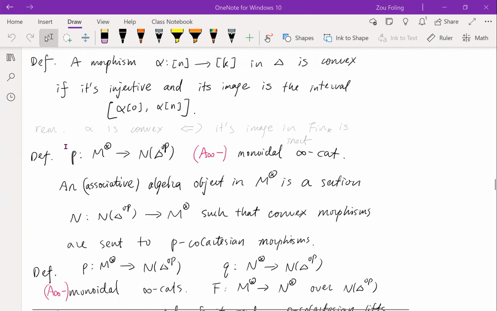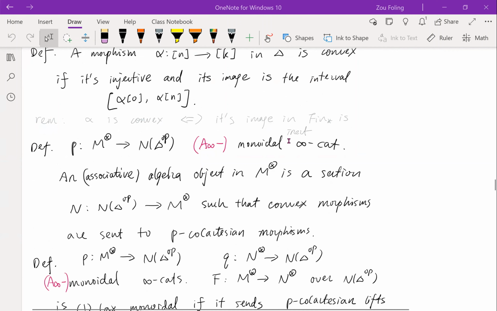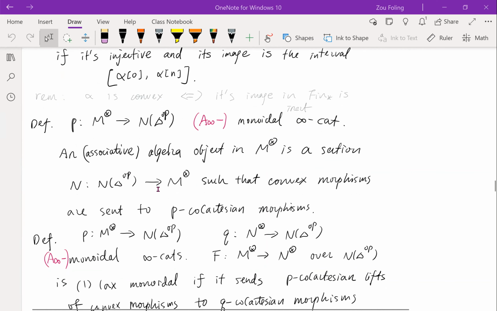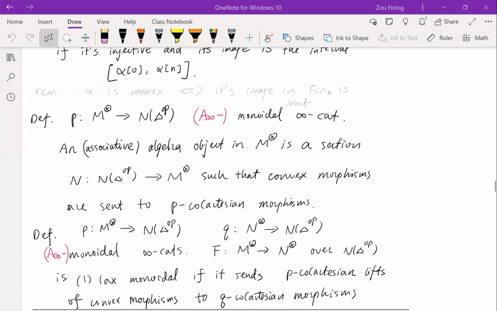All right, and now from an A infinity monoidal category, we define algebra objects in it as a section such that convex morphisms are sent to p co-Cartesian morphisms. We have seen a flavor of this before.